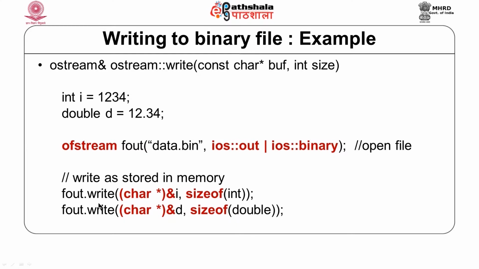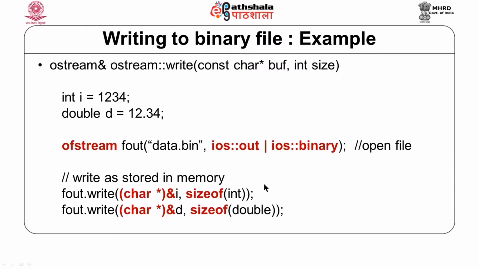So, we say fout.write. Now, because the first argument is a pointer to a character, we should convert our item to the pointer to character, and therefore, we have used typecast char star here, and the address we are specifying. So, address of i is converted to character type, and then how many bytes are to be written. For that, we can use sizeof to determine the size of the object. So, sizeof int.